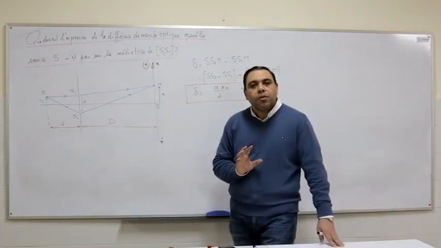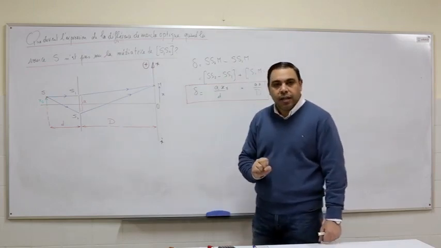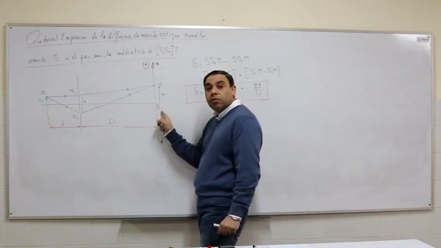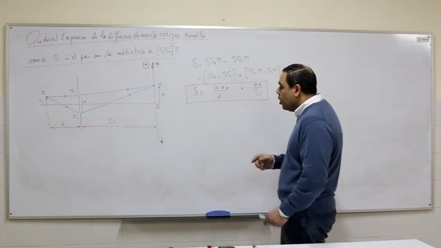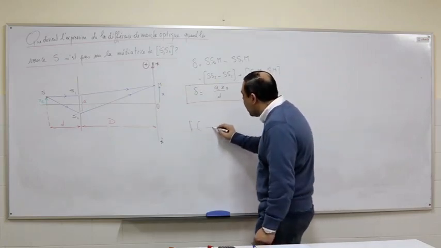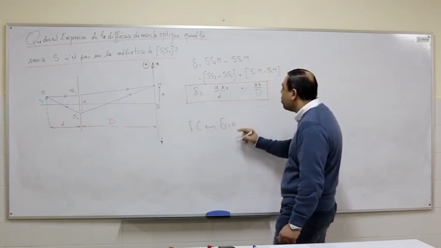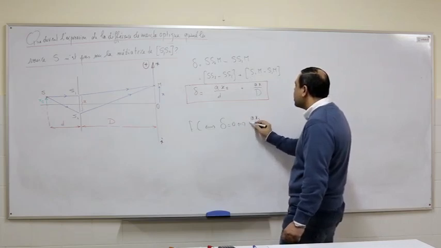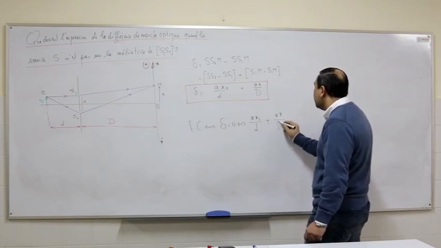We can ask a question here. Where do we find the central fringe now? Is the central fringe still at O? The central fringe signifies that the optical path difference at a point of it is 0. And as a result, A XS over D plus AX over D equals 0.